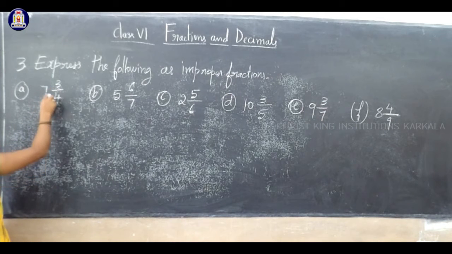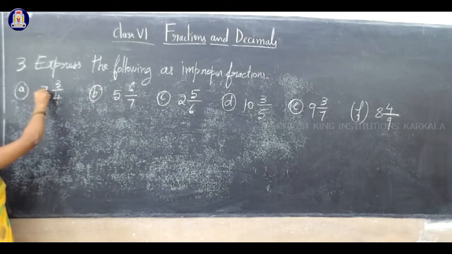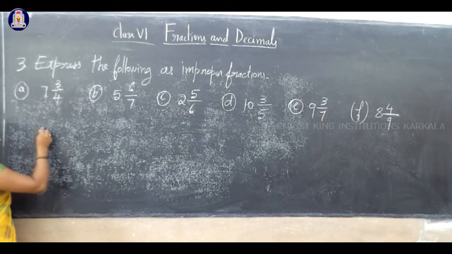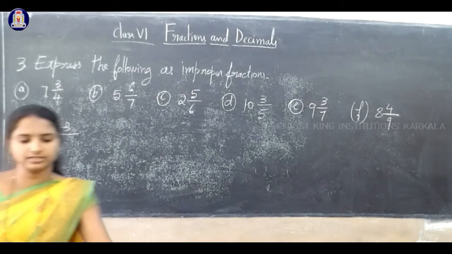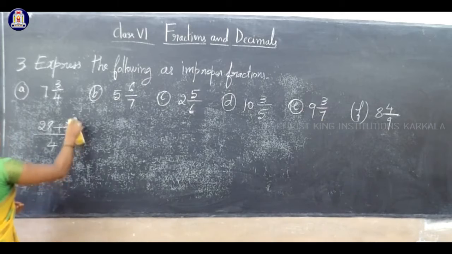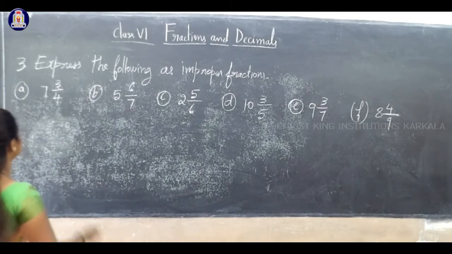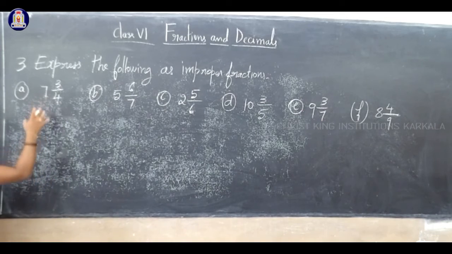If we multiply this, we get 28. Is it correct? 4 sevens are 7 4s are 28 plus 3. If you want, you can write 28 plus 3 by 4. So the first step is like this. If you want to write the steps, see these two, 7 and 4, multiply.